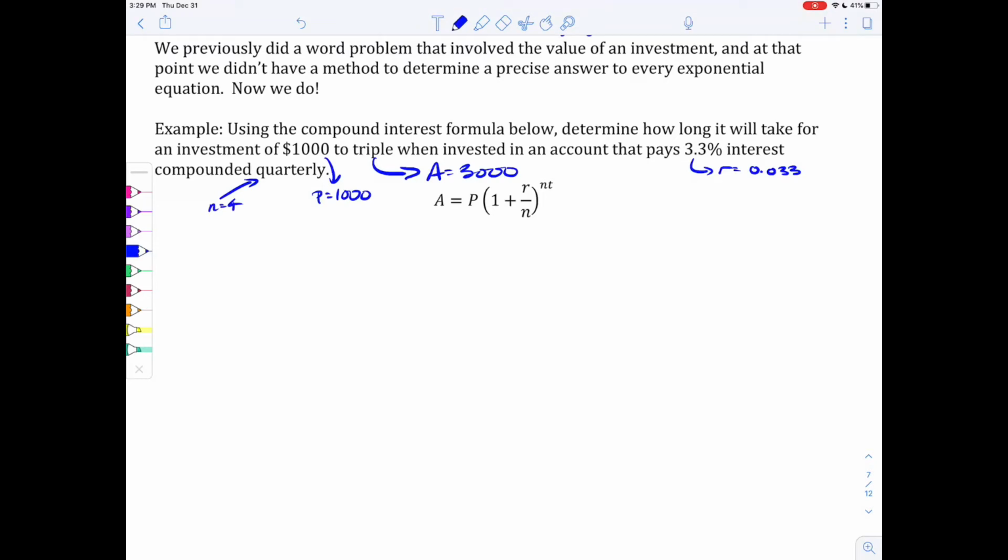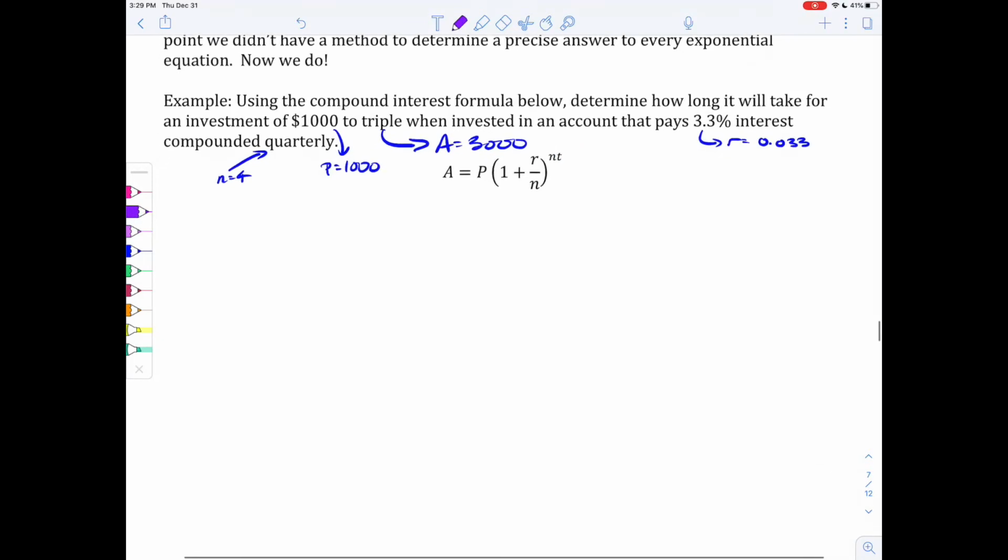And now we've got all we need to solve for t, which we don't have. So plugging everything in, we've got 3,000 equals 1,000 times 1 plus the interest rate to the nt, which is 4t. And we're going to solve for t.